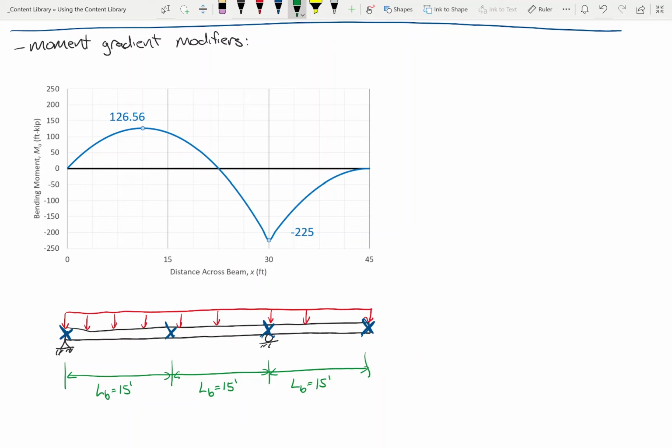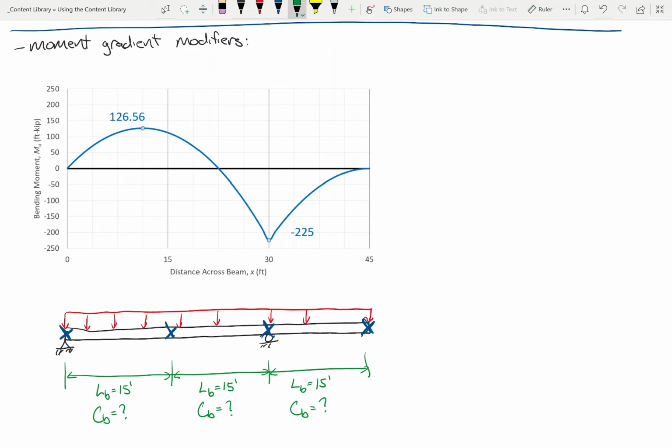But I claim that because each segment is subjected to a different array of moments, each segment has potentially, and in fact does have, a different CB value, and they're different from segment to segment. So we've got to figure out what they are.